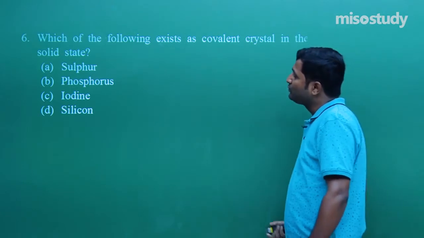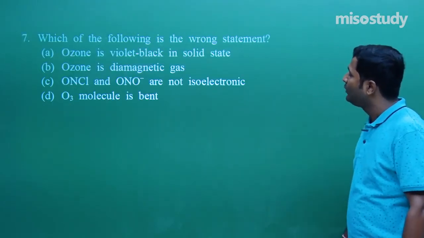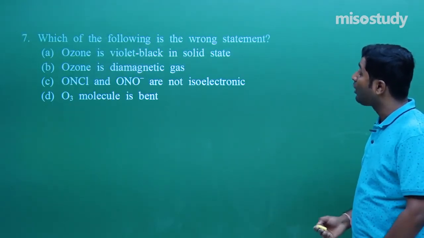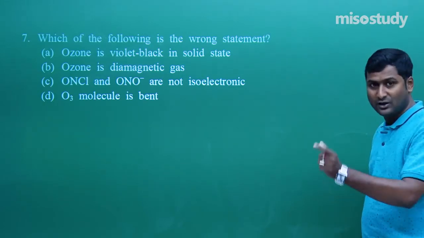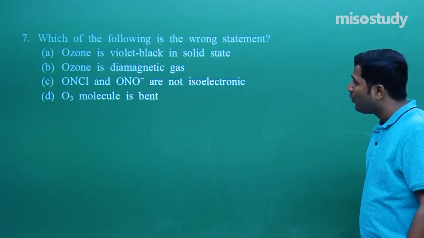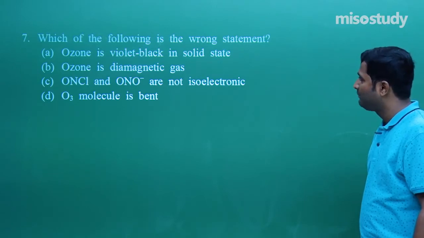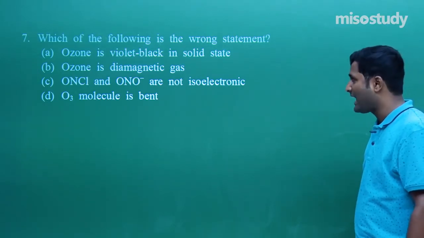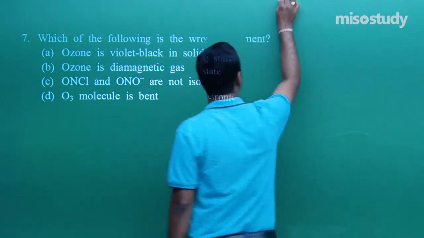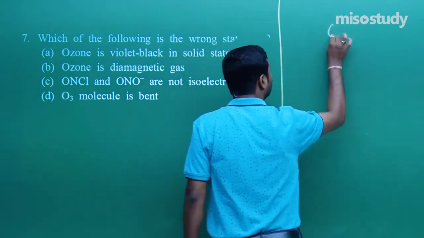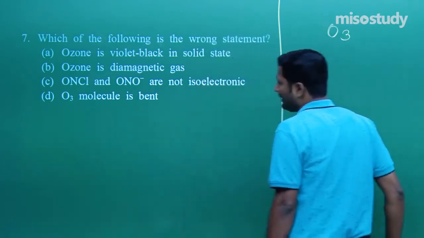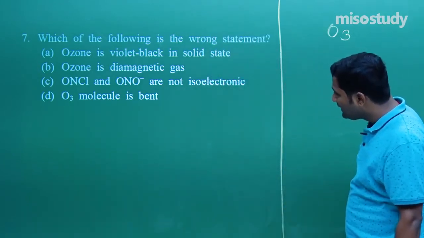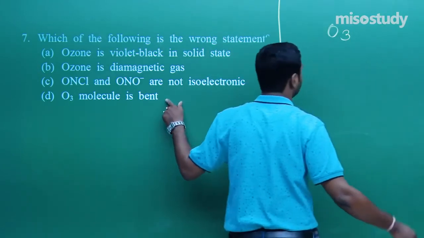Now let's move to question number 7. Which of the following is a wrong statement? Now check it out, listen carefully. Ozone is violet black in solid state, definitely. Ozone is diamagnetic. What is the formula of ozone? The formula of ozone is O3, and the O3 molecule is bent.